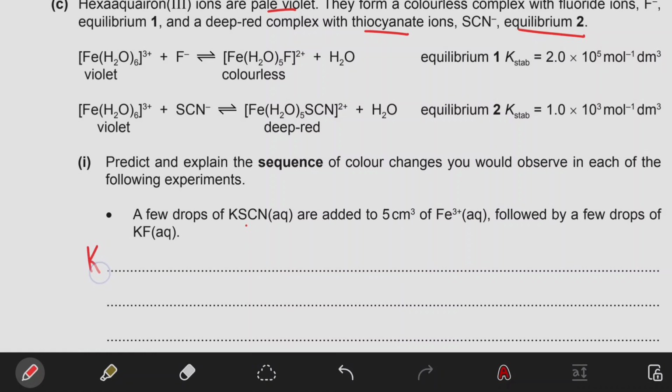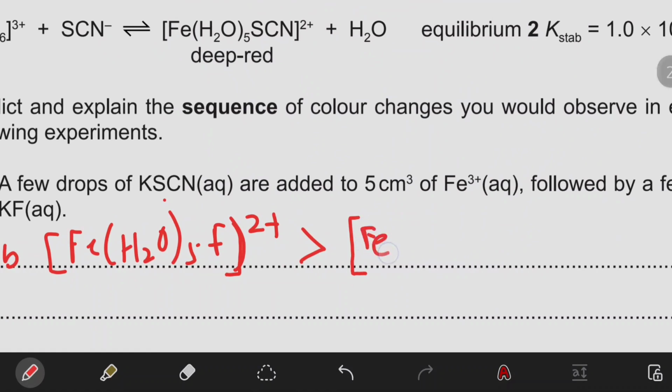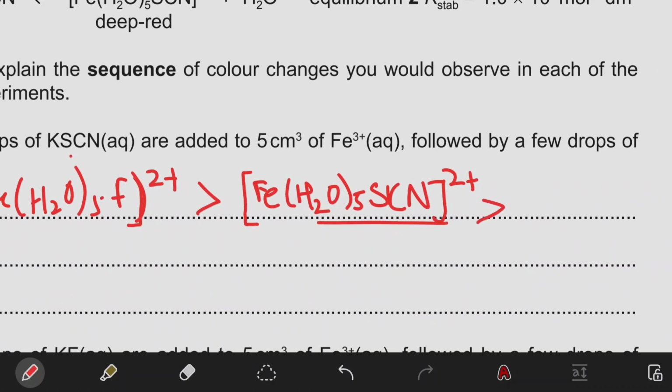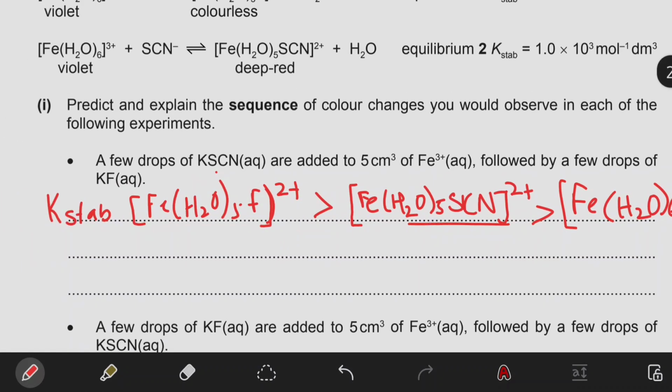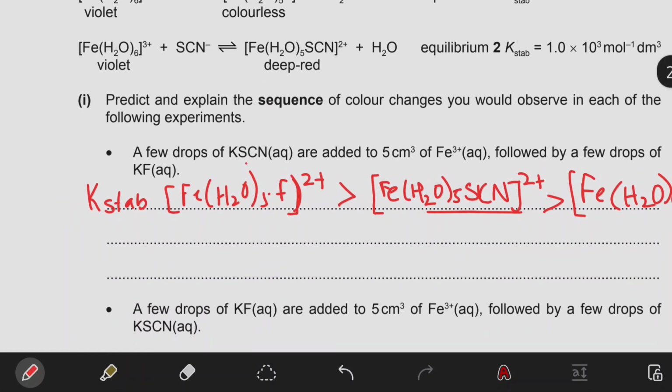So we can see that K stab for the fluoride complex of iron is greater than K stab for the thiocyanate complex, according to this.